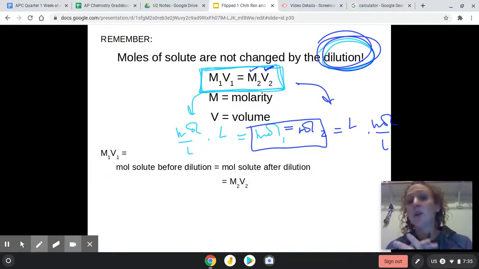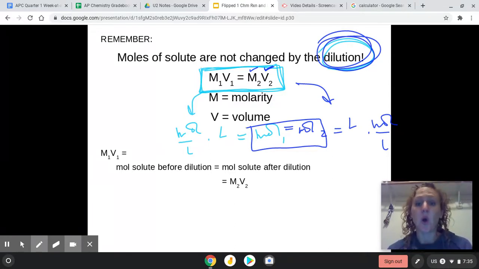Now, you don't have to use this formula ever. You can do 100% dimensional analysis, 100% stoichiometry, and you never have to deal with this formula. It usually doesn't even save you time. It just saves you brain space, I guess. But you can very easily use it out of context, and if you use it out of context, you will get the wrong answer.